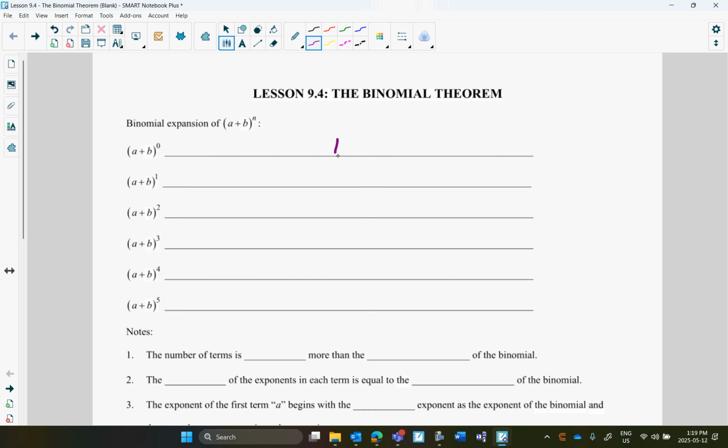Itself, a plus b. I'm going to put in the coefficients, and you'll see why in a second, and I'm also going to put in the exponents. Technically, if we wrote the coefficients and exponents, it'd be 1a to the first plus 1b to the first.